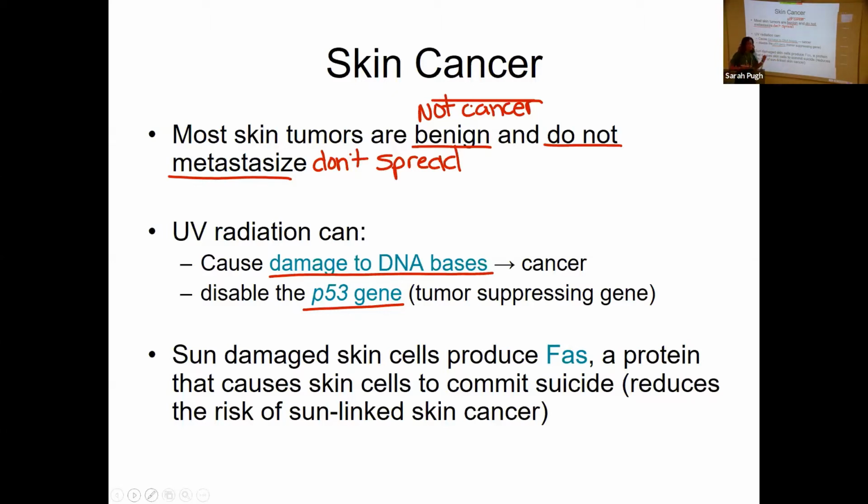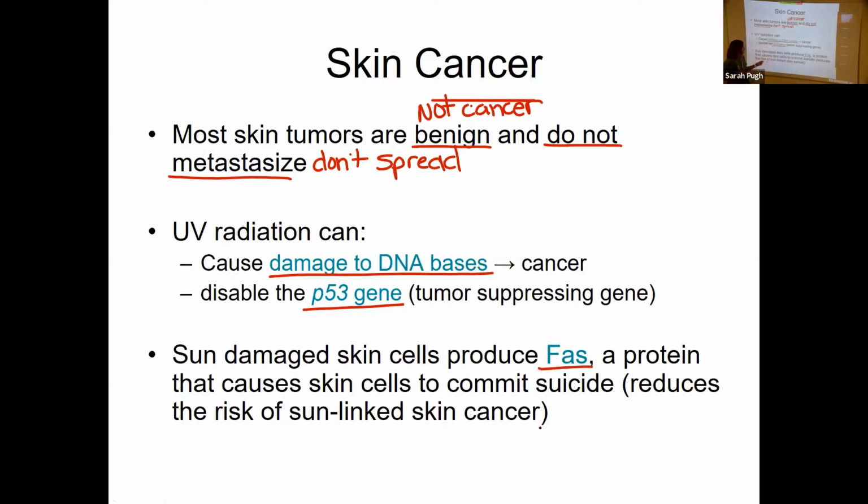Now, one thing that we do know is that when you are outside, if you have been in the sun, you did not have on sunscreen, we know that skin cells, when they are damaged by UV rays, your skin cells are pretty amazing. They'll produce a protein called the FAST protein.